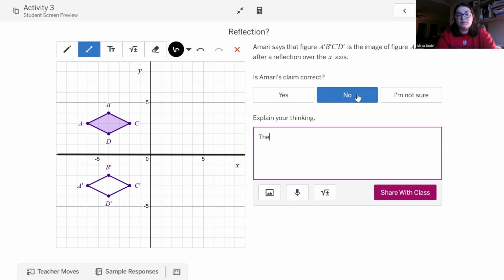So this is a translation down 4 units. I'm going to say I know this because the labels did not flip over the x-axis.